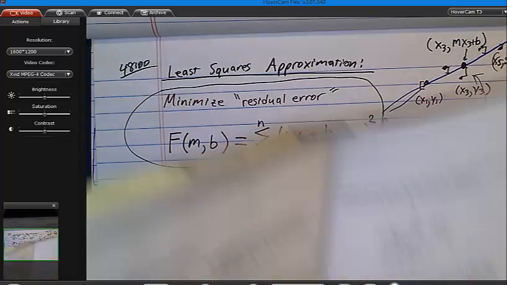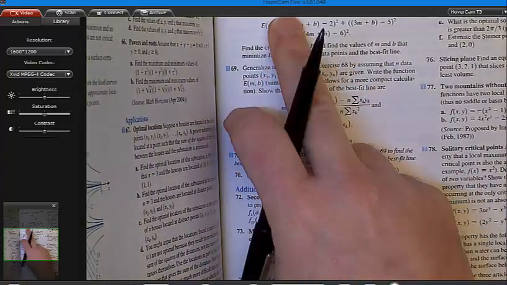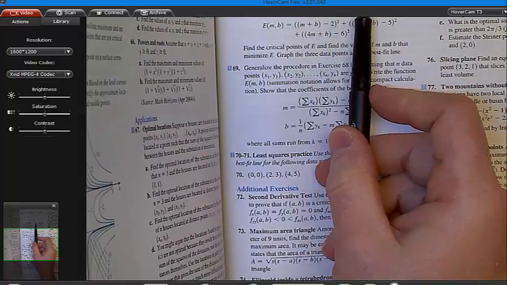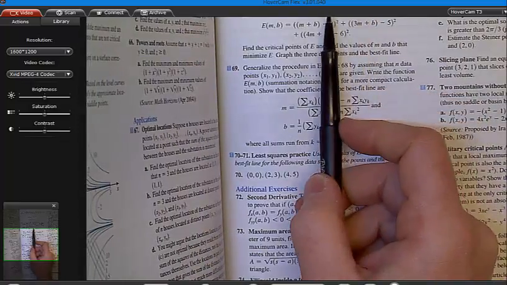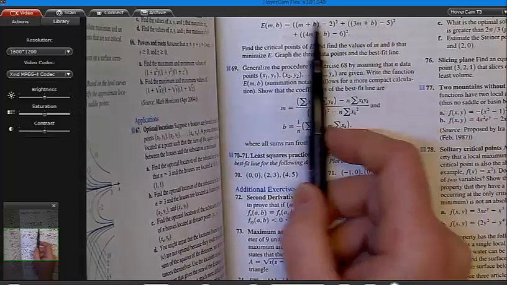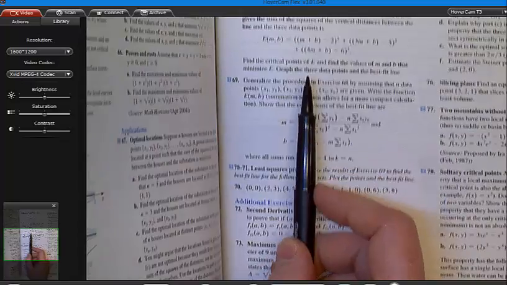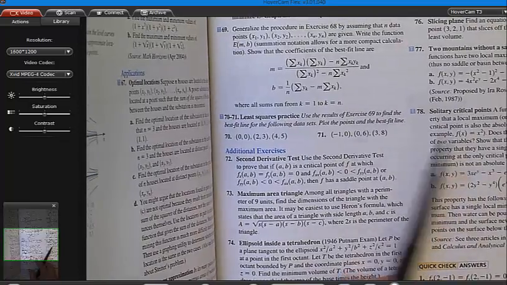I'm in the middle of this exercise, number 68. Let the equation have best fit line y equals mx plus b, right? And then show that the function of m and b, well, no, I guess you guys are doing 68 for homework. I'm doing 69 right now, where I generalize it.